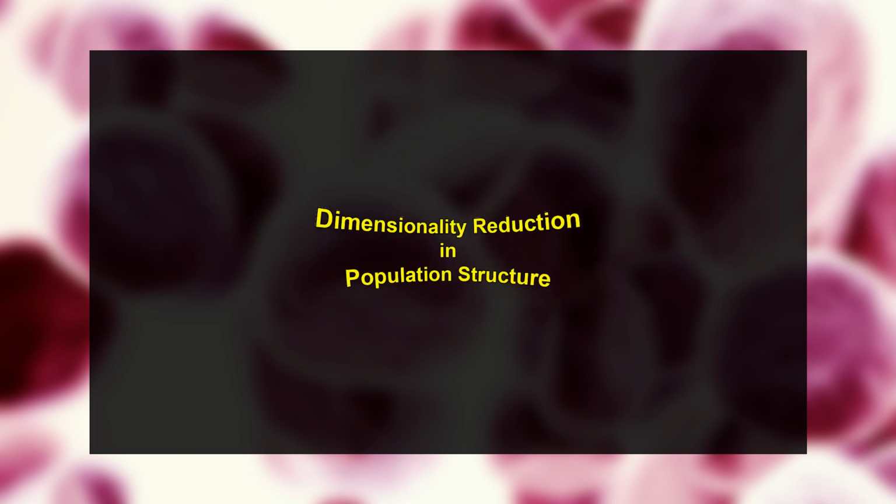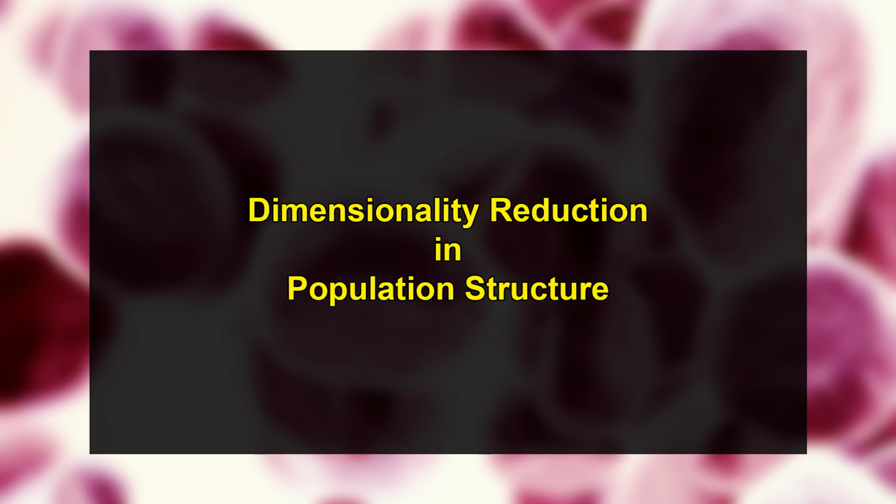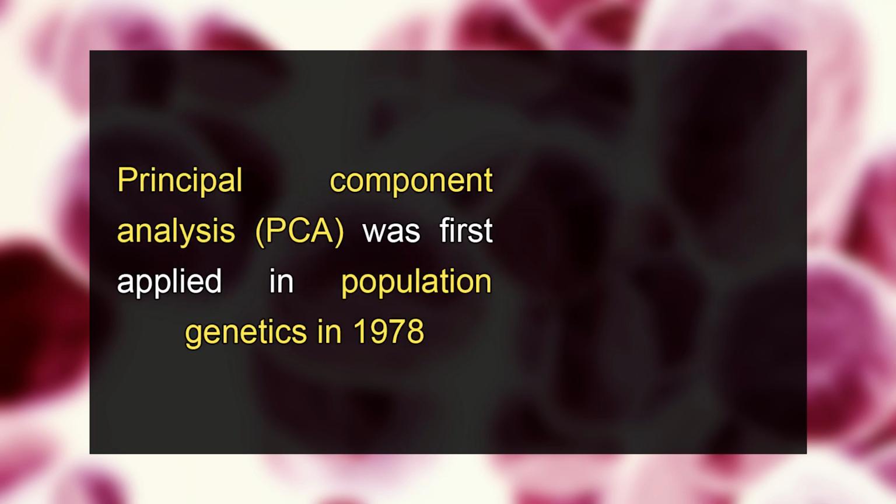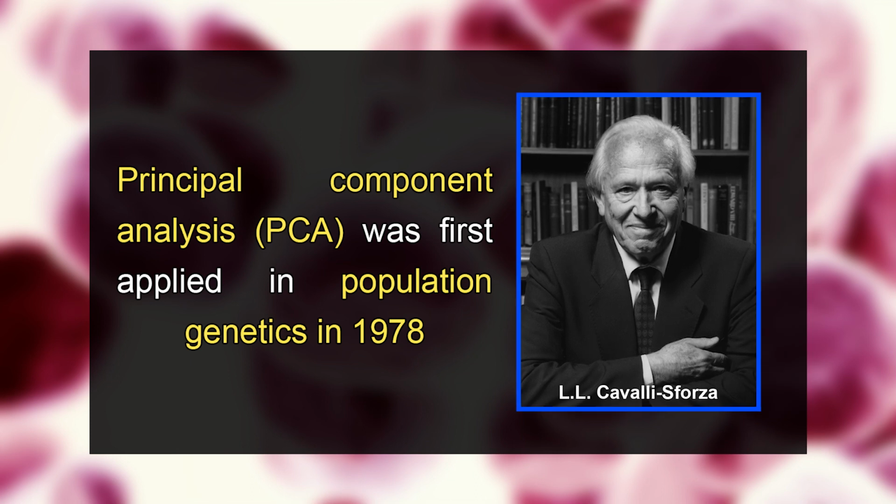Dear students, let's now discuss dimensionality reduction in population structure. Genetic data are highly dimensional, and dimensionality reduction techniques can capture population structure. Principal component analysis, or PCA, was first applied in population genetics in 1978 by Cavalli-Sforza and colleagues, and resurged with high-throughput sequencing.